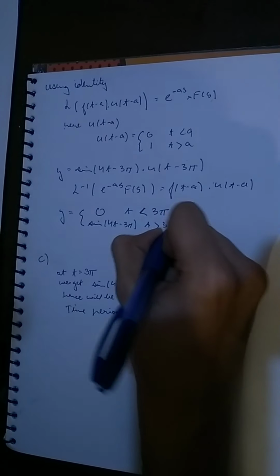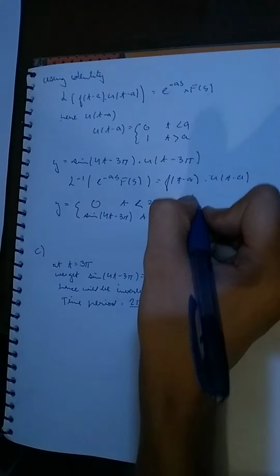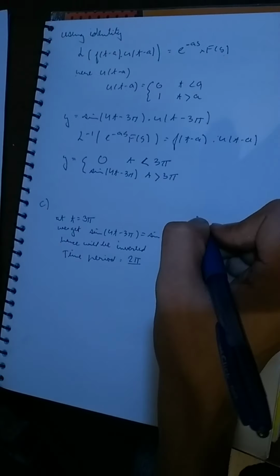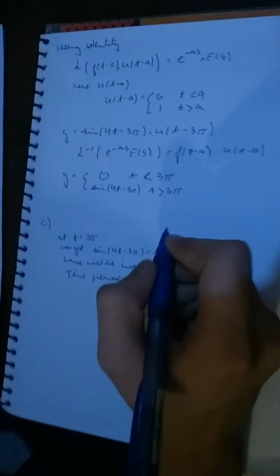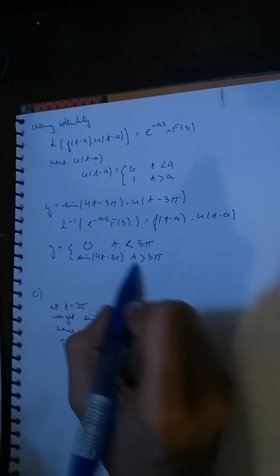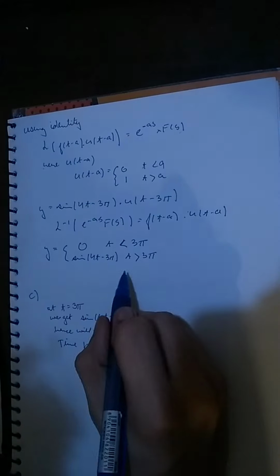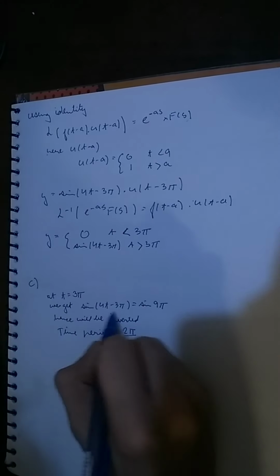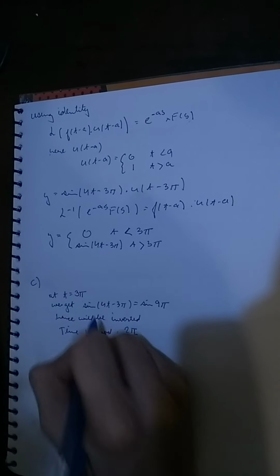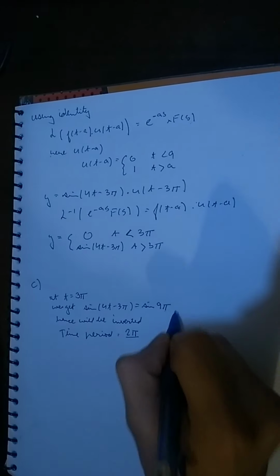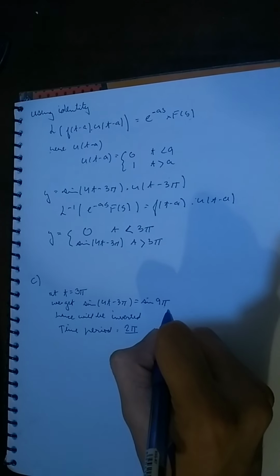Now if we try to plot the graph for this function, as we know from this, the stepwise function for values less than 3π will be 0. After 3π, first let's plot the value of this at 3π, which will be sine 9π, which is an odd multiple of π, after which we get the inverted graph of a sine.